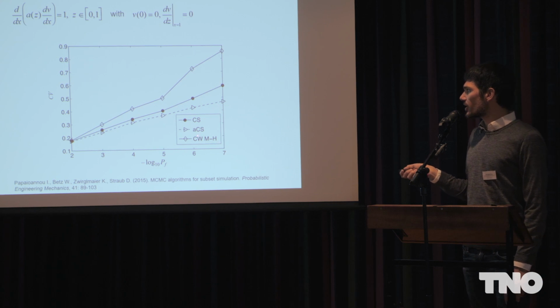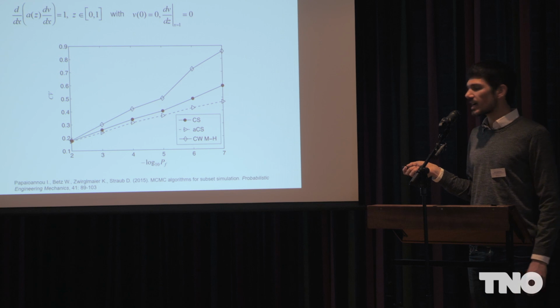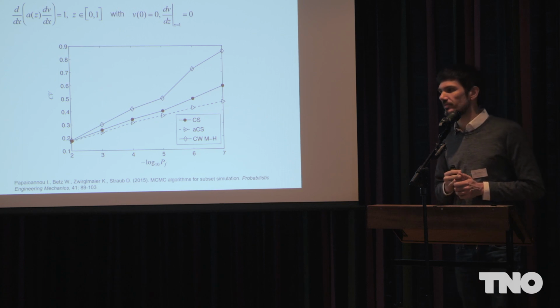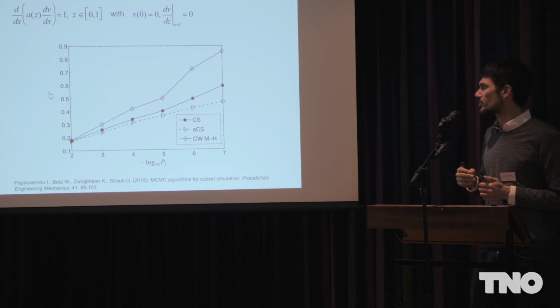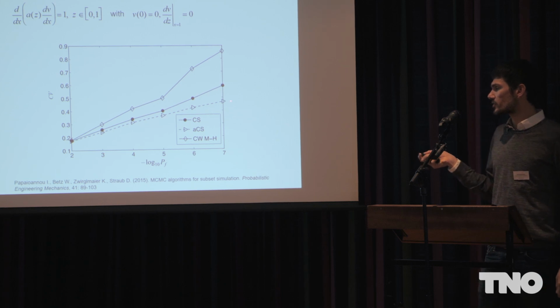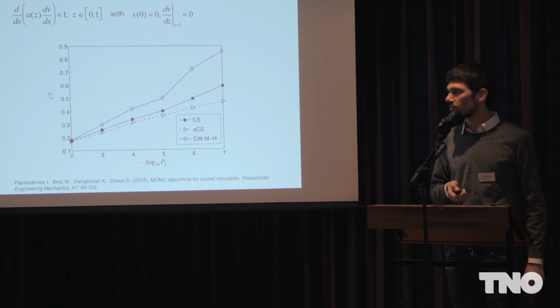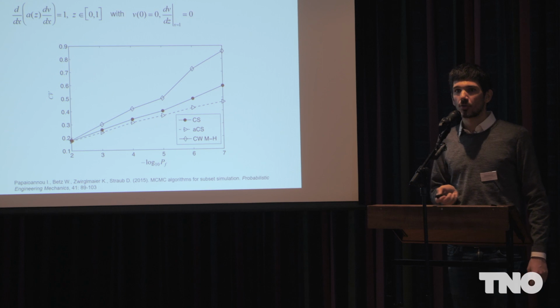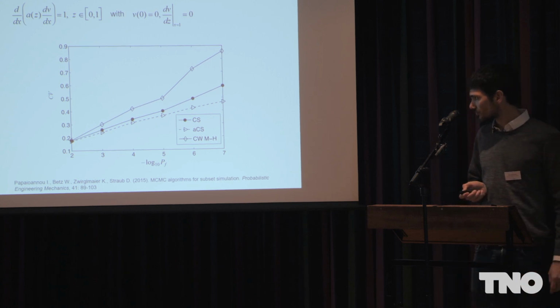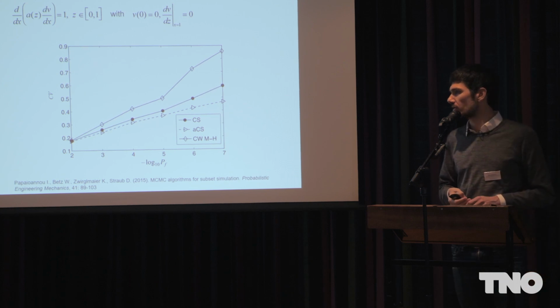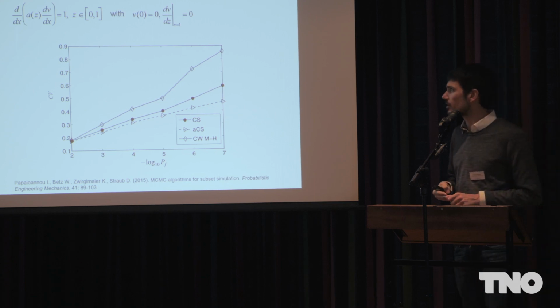I compare here the performance of the conditional sampling algorithm and the component-wise Metropolis-Hastings, with their standard settings, together with the adaptive conditional sampling algorithm that steers the value of the correlation parameters to achieve the optimal acceptance rate. You see that the coefficient of variation in this case can become considerably lower when we use this adaptive approach, especially as the probability of failure decreases further. This, I have to say, is done with no additional computations of the model. So it's basically done on the fly.